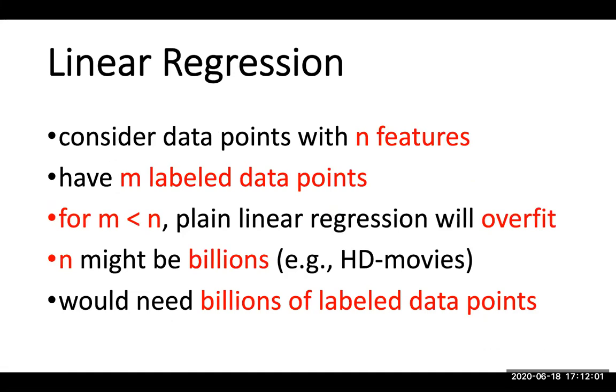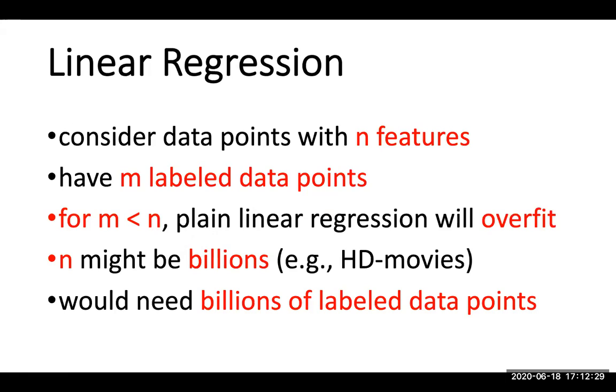Okay. Besides visualization, feature learning is also important in terms of statistical properties of machine learning methods. It turns out already for the simplest case of linear regression, whenever the number of features n is larger than the number m of labeled data points that you have, you will overfit.